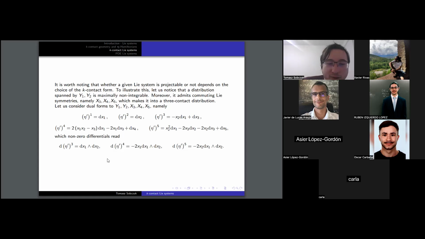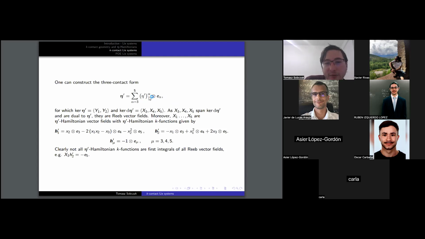We can calculate the differentials of those one-forms, and one can obtain that we have a k-contact form using those forms that are so-called dual to the initial vector fields X3, X4, X5. By some additional calculations, one can verify that our theorem is true, meaning by hand we can see that the kernel of eta is X3, X4, X5, and they do not intersect indeed.